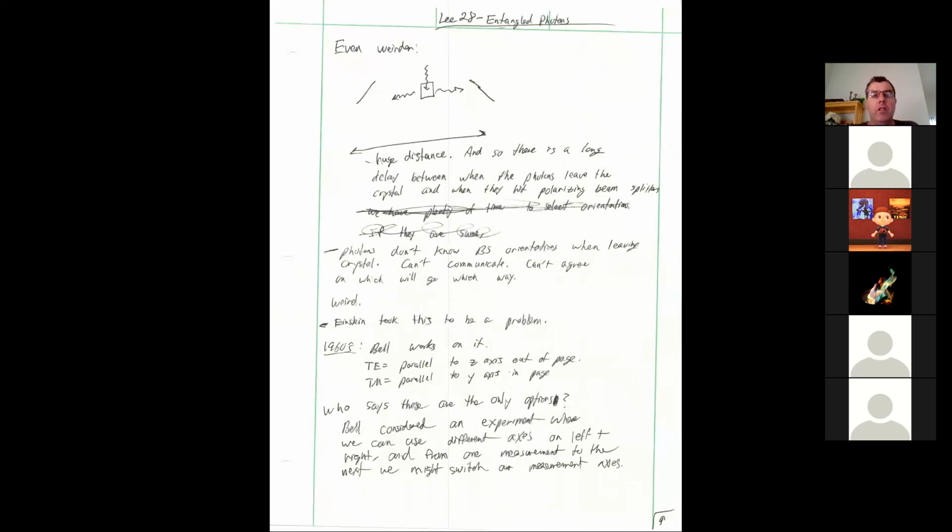Here's where it gets even weirder. You might say, all right, well, this photon comes in. It's forced to choose. It can either be transmitted or reflected. So it hits the mirror, makes a choice, says, all right, I guess I'm really going to be 27 degrees because that's how the experimenter decided to orient their mirror.